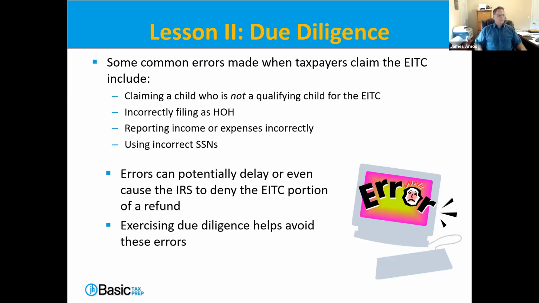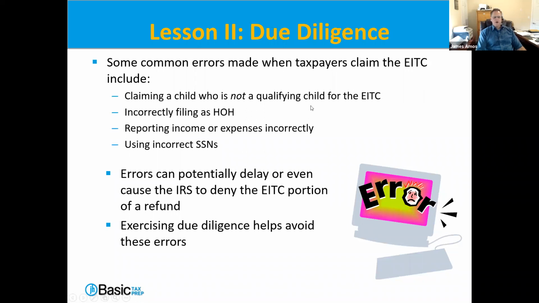All right. So we're done with some of those questions. Let's talk due diligence again. How many times have we talked due diligence over and over again about credits and various things? Regularly, right? Common errors that you make when putting EITC together on a return. We're just going to go over some and talk a little bit about what your due diligence requirements are.